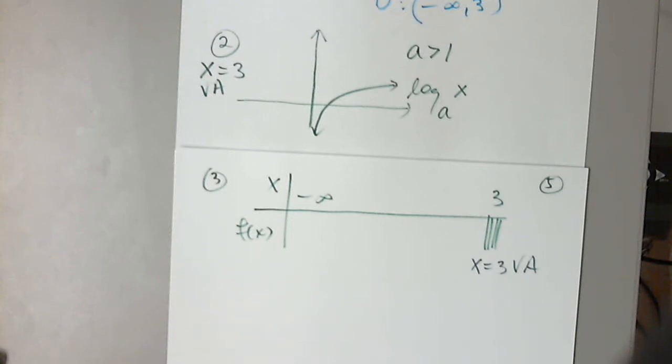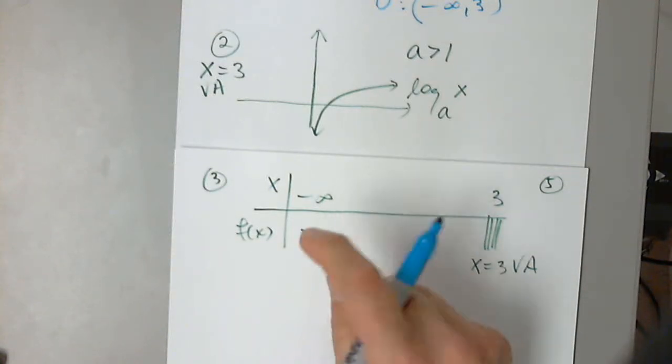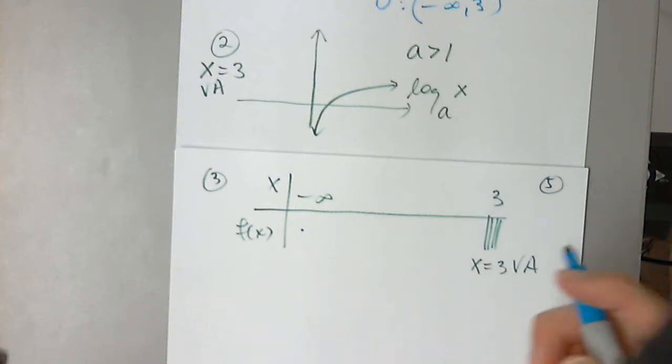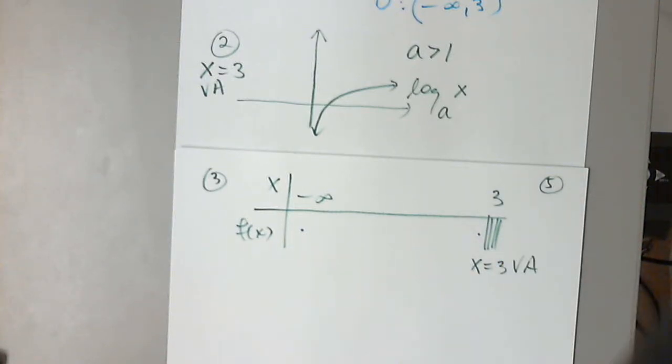I take it that we need to determine what happens here, but I also would like to know what happens here. We know the answer, but I like to do this with a calculator.